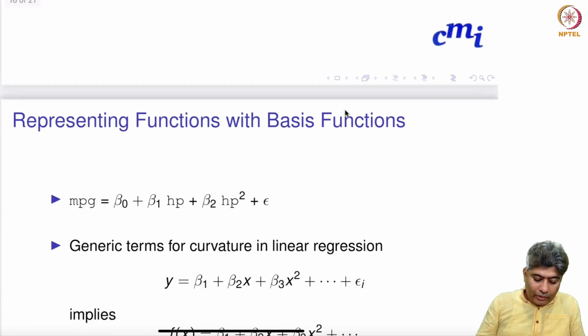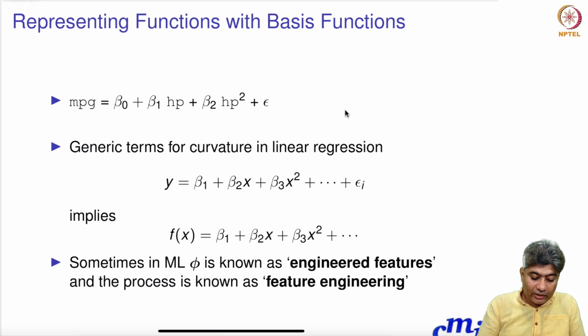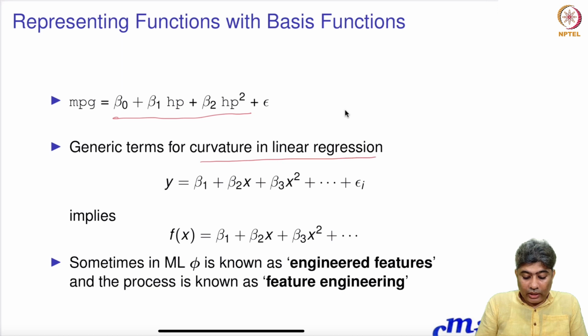So what is the example? If we take this simple quadratic regression type thing, we can generate generic terms of curvature in linear regression. So we can just say y = beta naught + beta 2 x + beta 3 x square + beta 4 x cube. So basically a higher order polynomial.